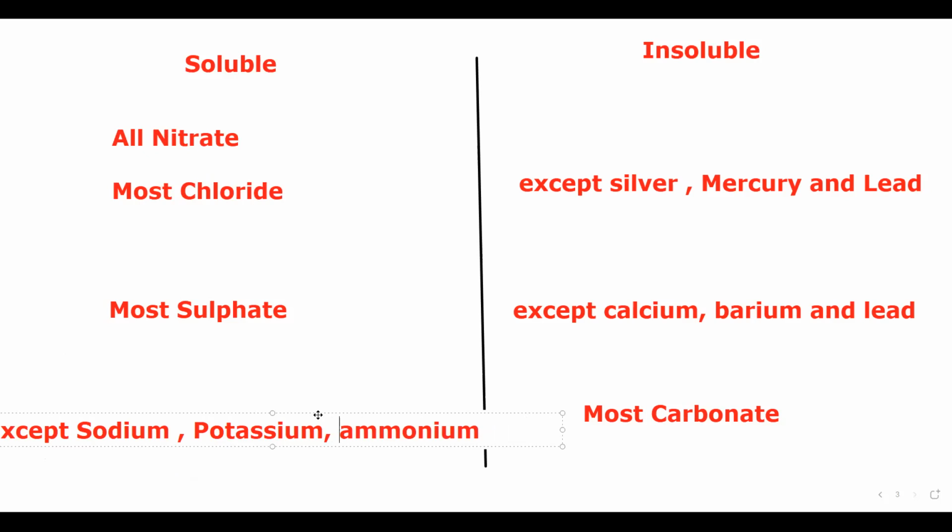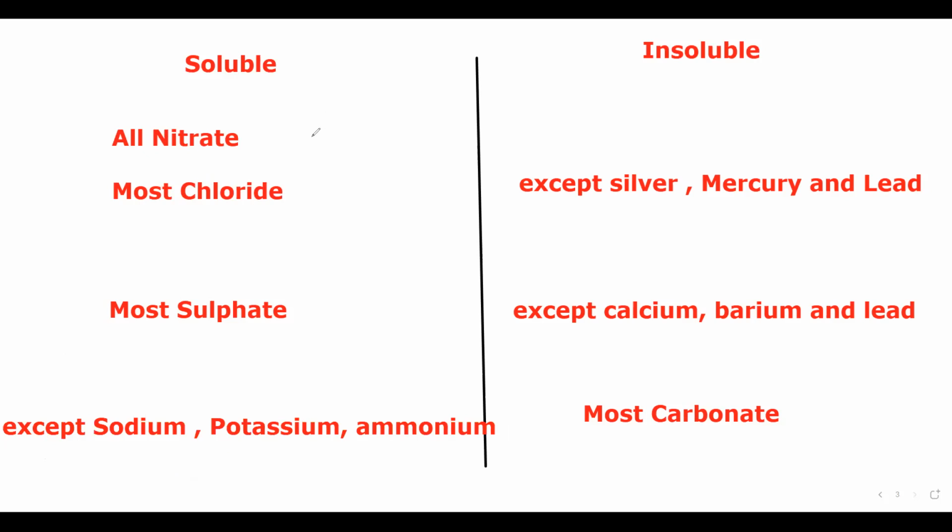So, all nitrates are soluble, meaning any salt having NO3 at the end, even if any metal is connected, will always be soluble. Most chlorides are soluble except three: silver chloride, mercury chloride, and lead chloride.